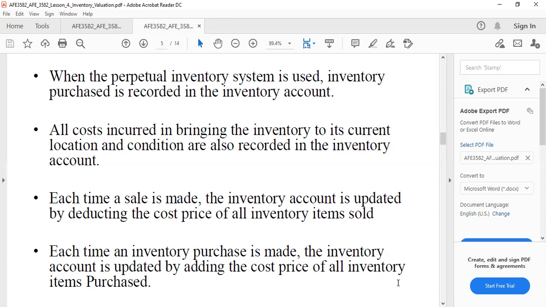It's $100. So in the inventory account, you need to deduct $100. So you update your inventory account. Whenever you make a sale, make sure that you deduct the cost price of all the items that you sold. I hope it's clear.